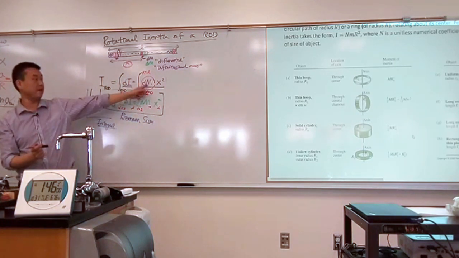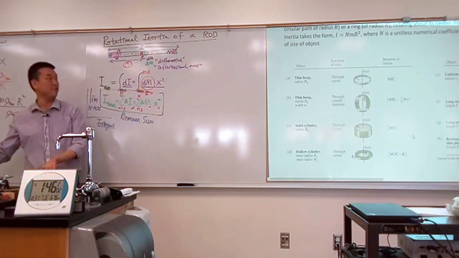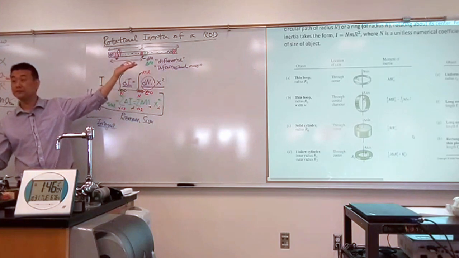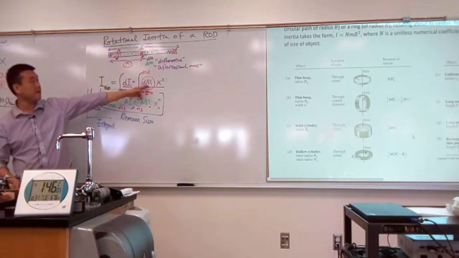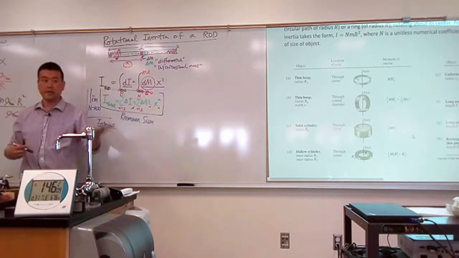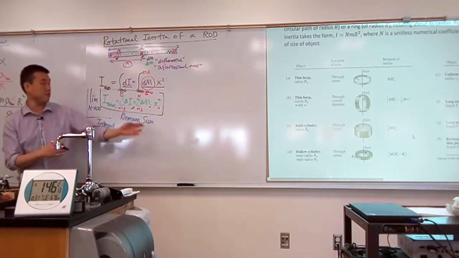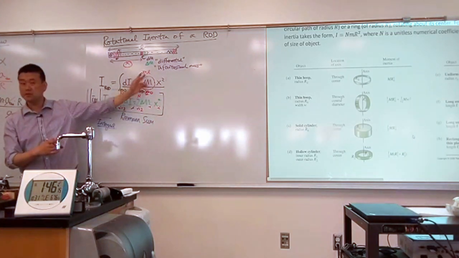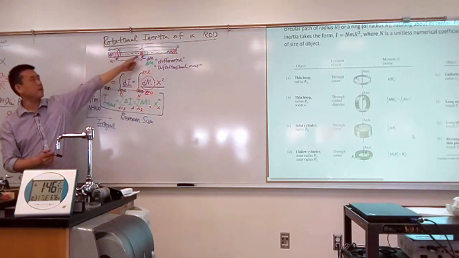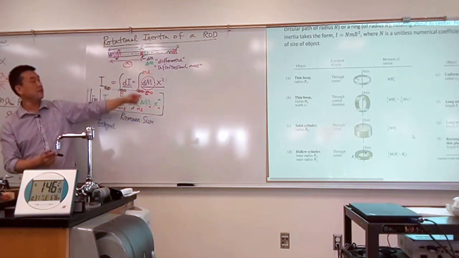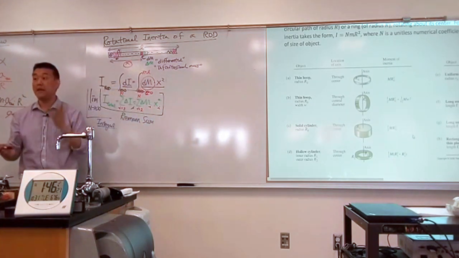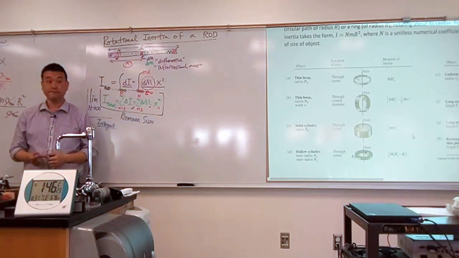But this makes it look like my variable of integration is m, which is not even an actual variable. So this dm that we wrote down was a symbolic reminder to be re-expressed in terms of this coordinate variable x. So how would I do that? How would I express the small amount of mass here in terms of x, or something that's related to x?